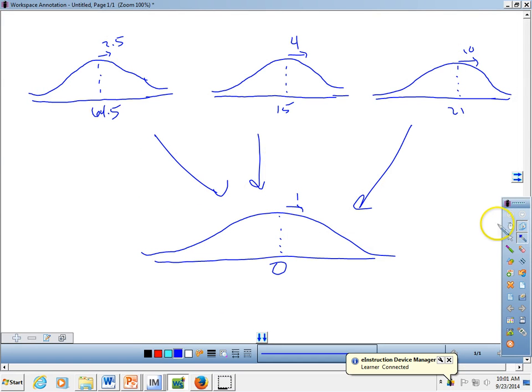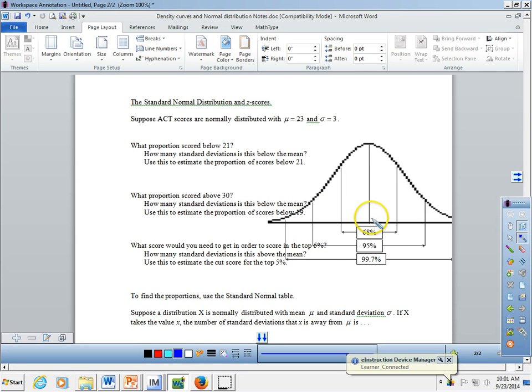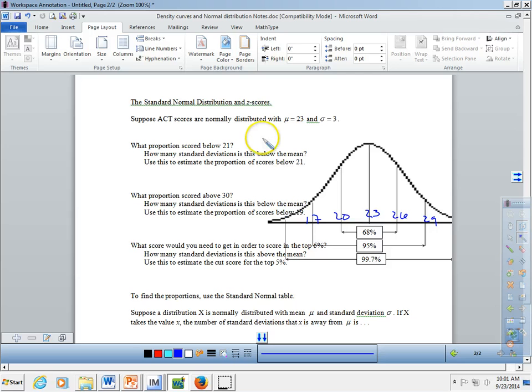If we wanted to start finding the proportion of observations that fall on scores somewhere around standard deviations, not around, but on them, right? Then we can use that empirical rule to help us find those proportions. We broke up the normal curve into different pieces and talked about what proportion of individuals are in those specific intervals, and then we can just add those together to get whatever we need.